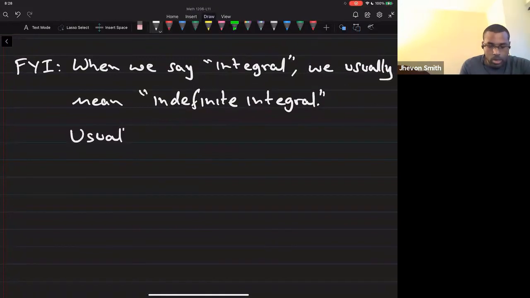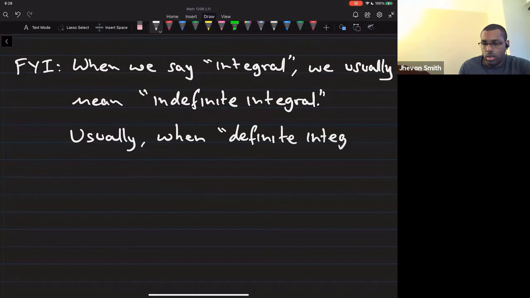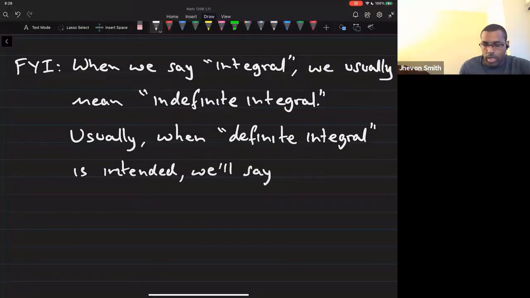Usually when the definite integral is intended, we'll say exactly that.